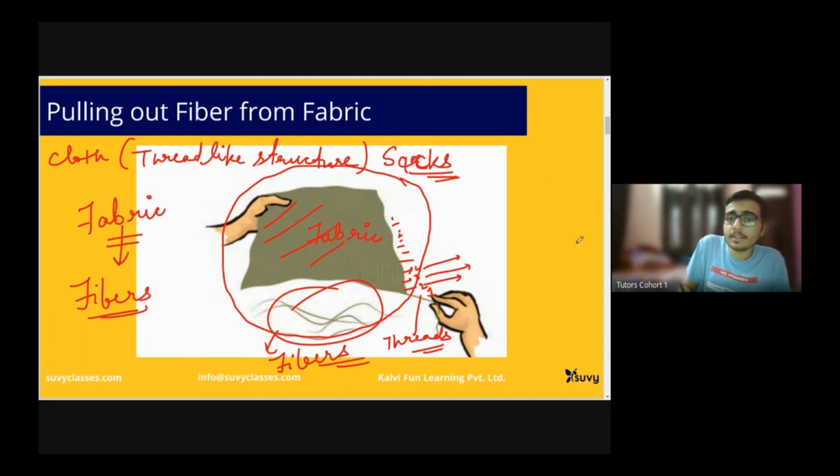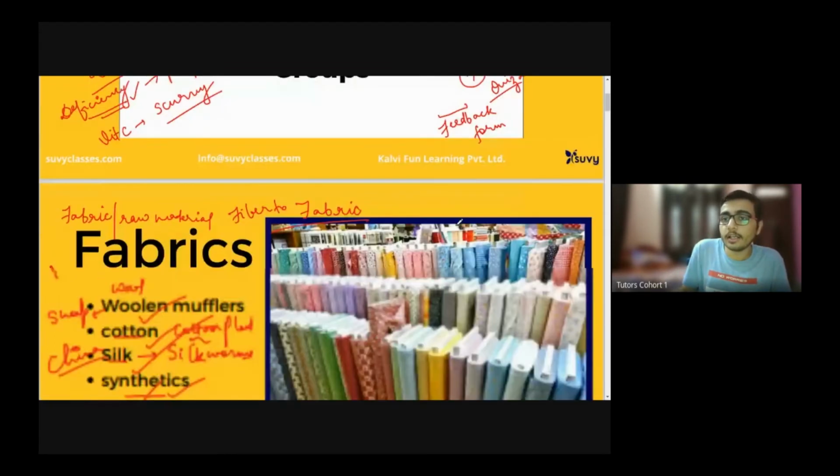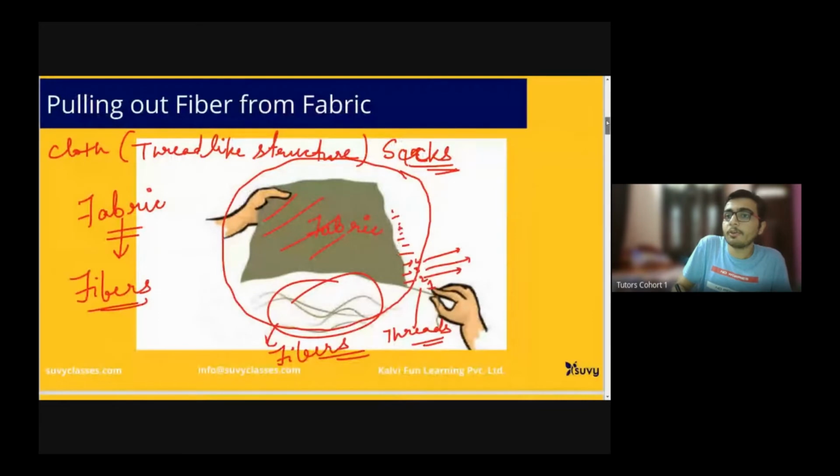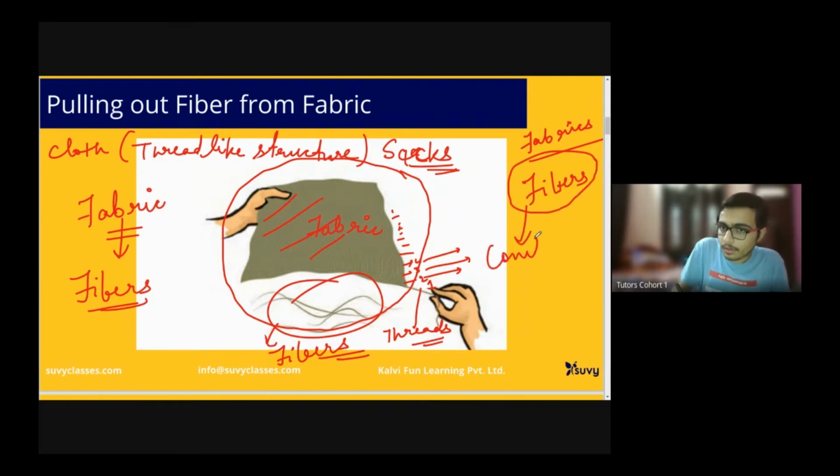Any fabric that we use, be it cotton, silk, synthetic fabrics or woolen fabrics, is made up of fibers. I hope you are getting my point. All fabrics are made up of fibers. These are the basic units which are combined together to make fabric.